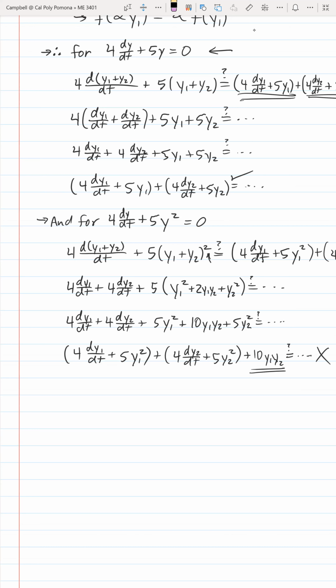So when we have a y squared, that's clearly going to be an issue, or even if we have a derivative squared in this particular case, that's clearly going to be an issue with the differential equation being a linear differential equation.